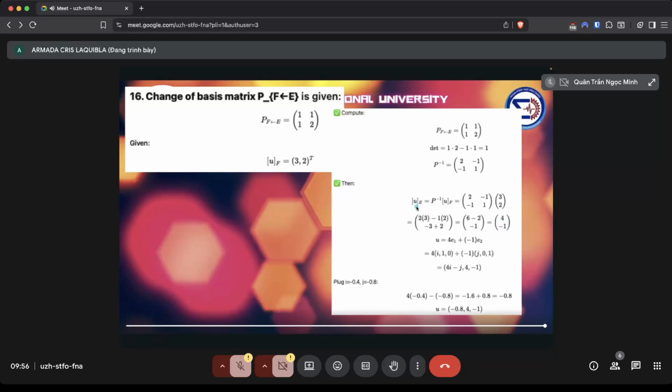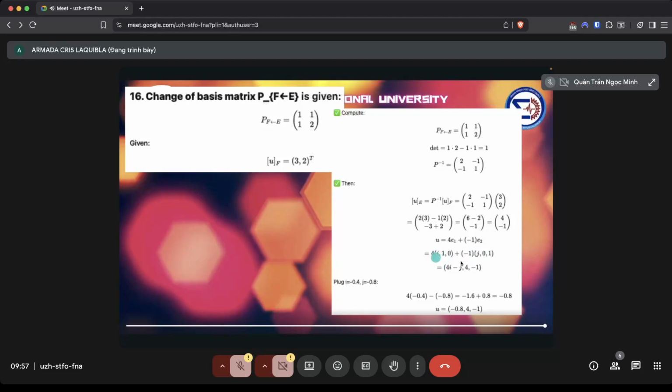And the question there is asking for the vector u, right? So we have there u is equal to, we need this u_E. You have to multiply this with the E vectors. So 4 times e1, and then plus -1 times e2. And that's it. Your e1 is this, and your e2 is this with i and j there.